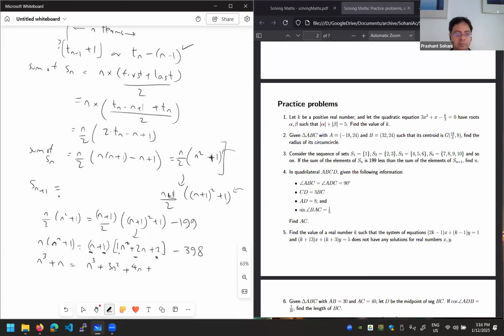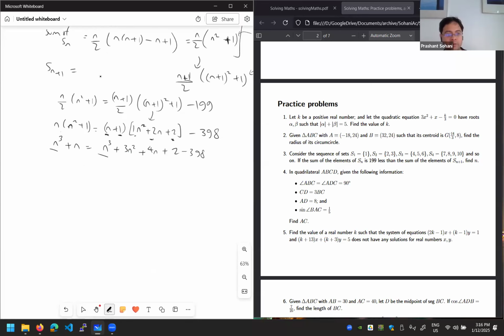And the constant is simply 1 into 2. Okay, so again, these small tricks might save you a few seconds. So n cube will cancel, and I'm going to get a quadratic in n, right? So I'm going to get 3n square plus 3n minus 396 is equal to 0.